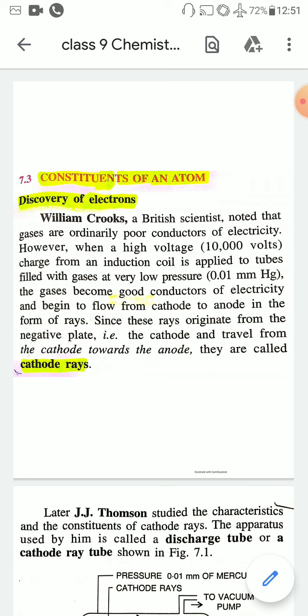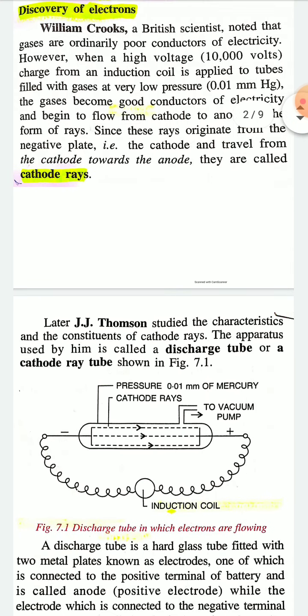So William Crookes did this experiment, which is called the cathode ray experiment, and he observed that a ray passes through the discharge tube. Actually, this experiment was done in a discharge tube made of glass, which looks like this.